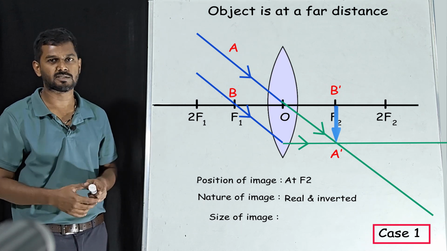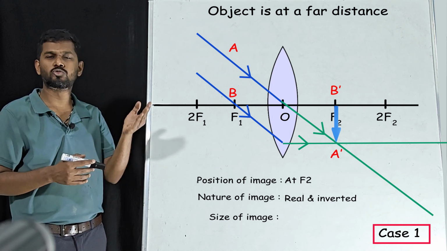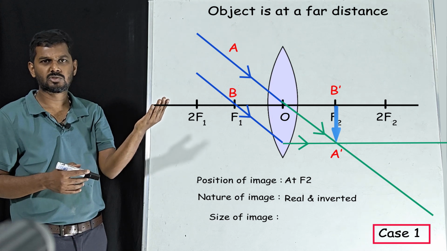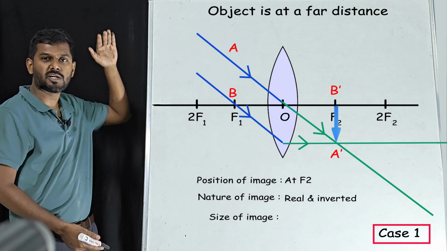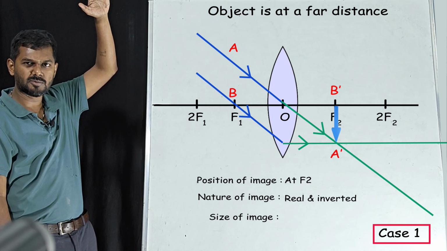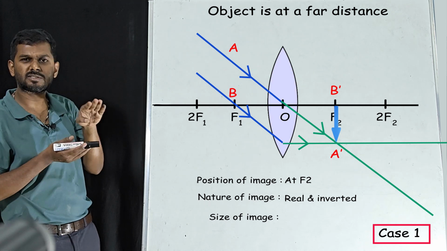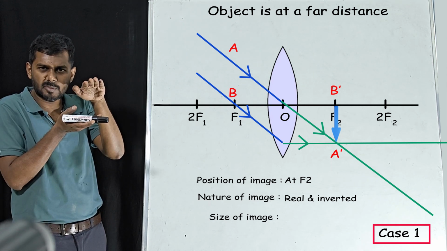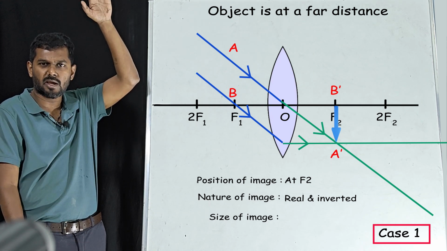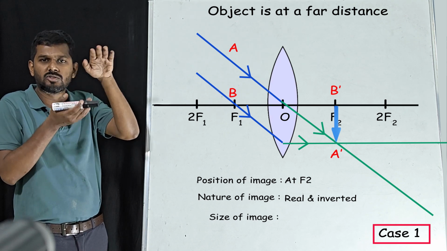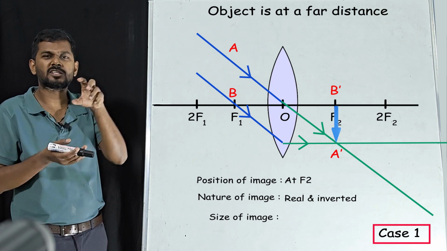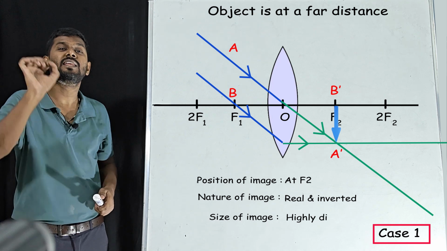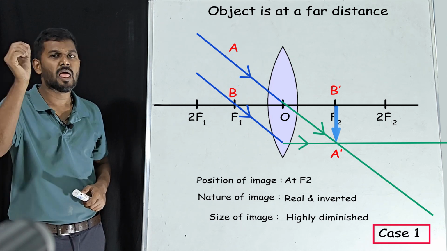Then we'll talk about size. If the object is too far, the object height will be this big, but how much image height did we get? Only this much, correct? So compare this big and this big. So this is very small. Very small is considered highly diminished.